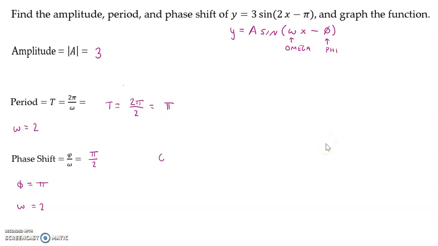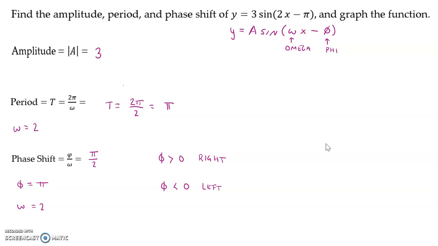If your phi value is something positive, so something greater than 0, in this case your graph is going to be shifting to the right. If your phi value is something that is negative, then your graph is going to be shifting to the left.